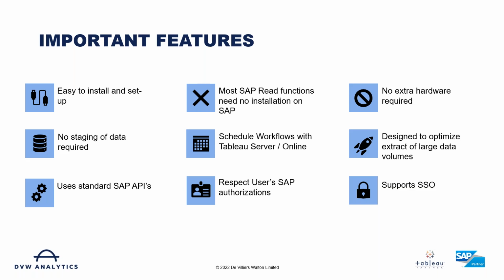That means that as they log on effectively into the SAP system, the application layer will check that they're a bona fide user of that system and apply their authorizations. So the whole SAP authorization model is respected by our connectors. There's no need to create a new parallel universe of authorizations. We use just the SAP authorizations that are already in place.